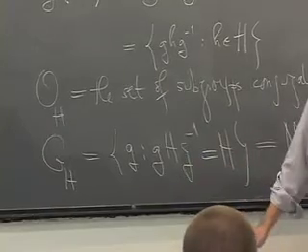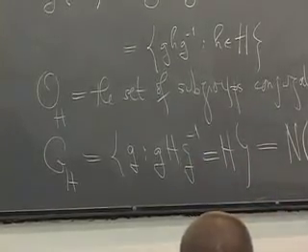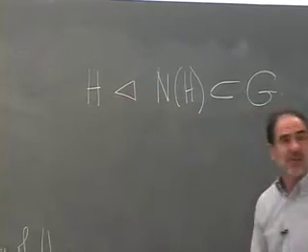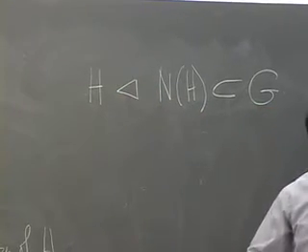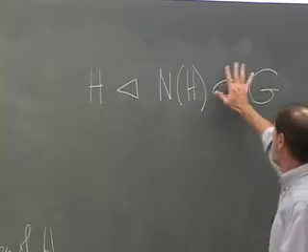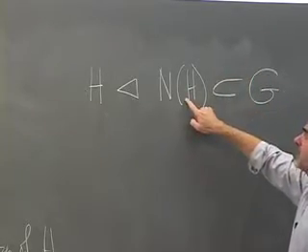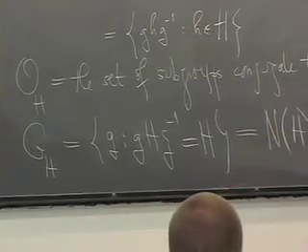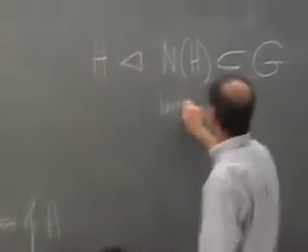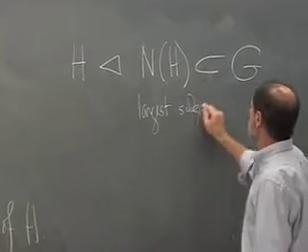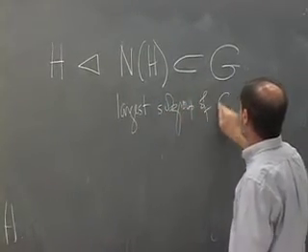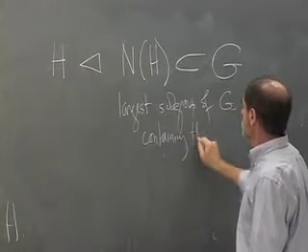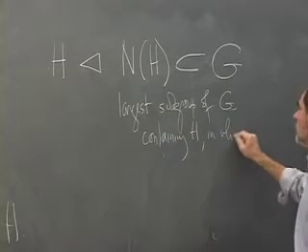Moreover, H is normal in its own normalizer. Clear. If you forget the fact that you're acting by G and you're just acting by elements in the normalizer, they preserve H. And it's the largest subgroup of G containing H in which H is normal.